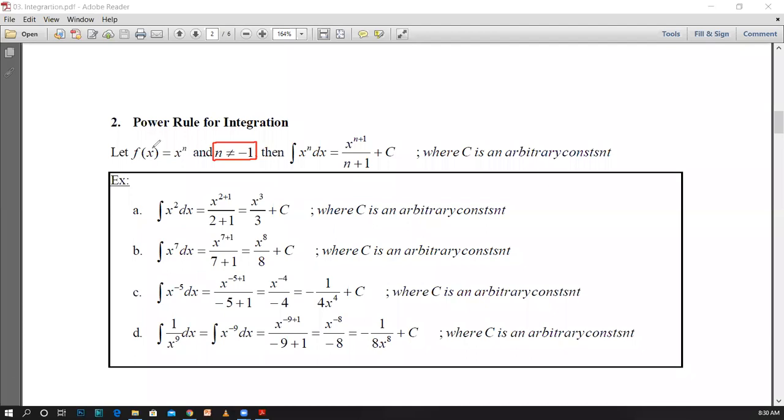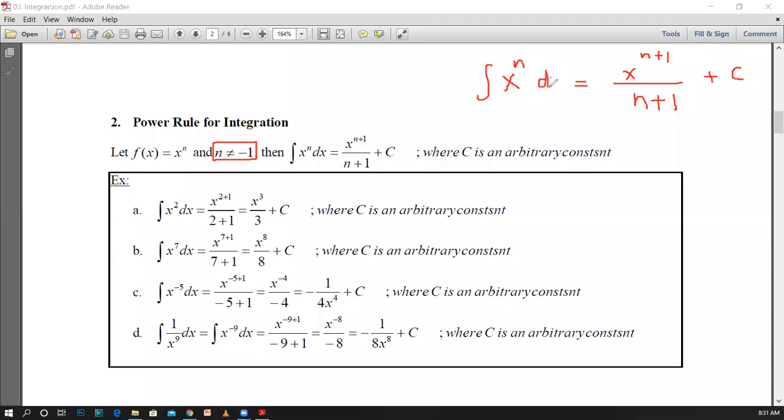Therefore, if you are integrating x to the power n with respect to x, then you can get it as x to the power n plus 1 divided by n plus 1, and at the end you have to add the arbitrary constant c. This is what we are getting for the integral of x to the power n with respect to x.